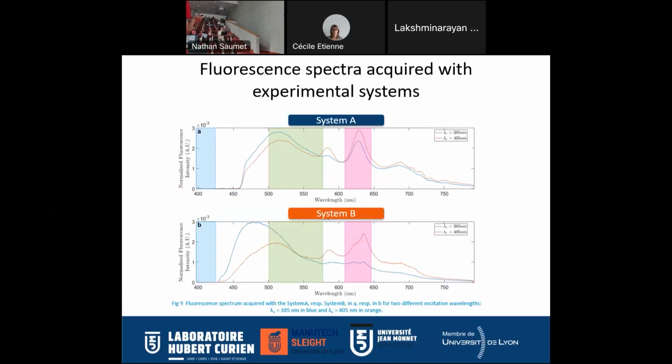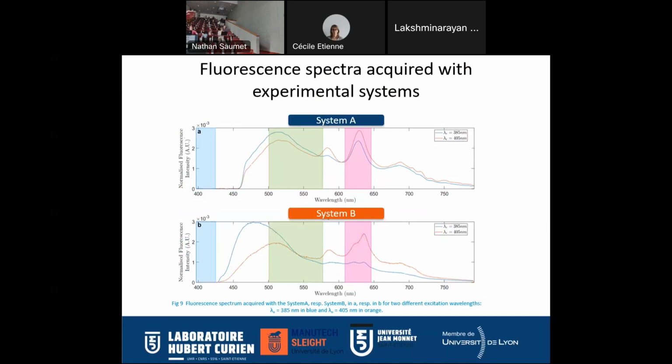Briefly, we will look at distinct regions of the spectrum that we acquired, and we'll look at the correlation coefficient between the two measurements, first in a region where there is only noise, a second region which is only related to endogenous fluorophores, and finally the region of interest which contains the information related to protoporphyrin 9.